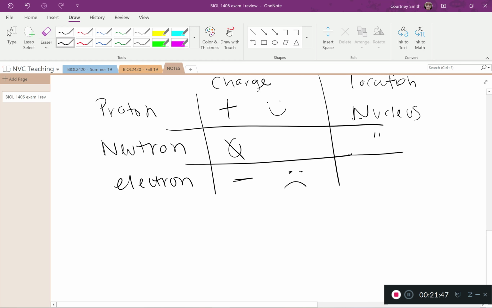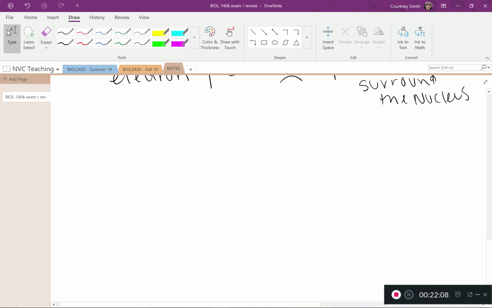Protons are found in the nucleus, same thing for neutrons. And then electrons are found in the cloud, so they surround the nucleus. Okay? So they look something like this.